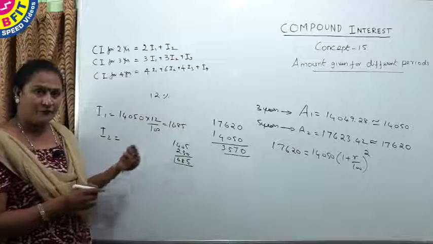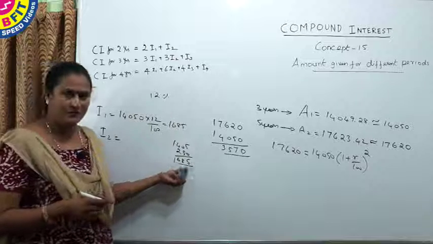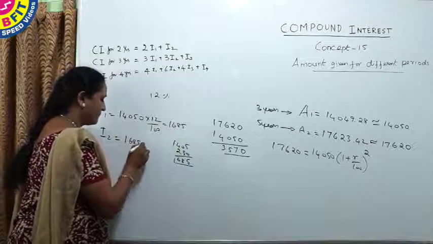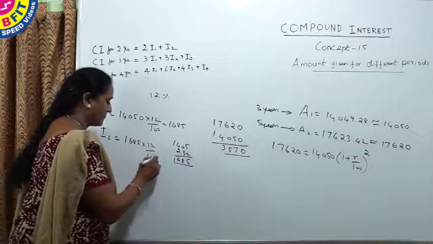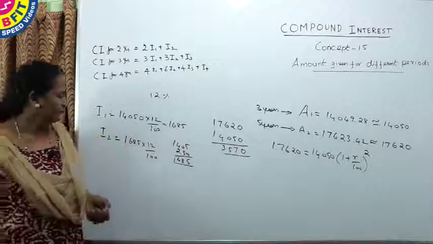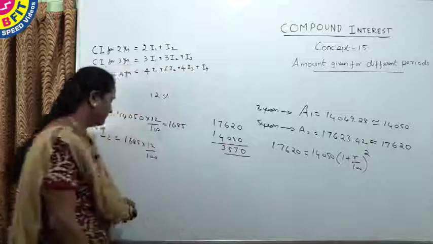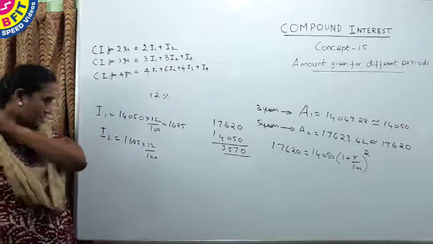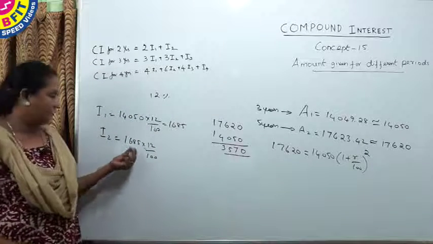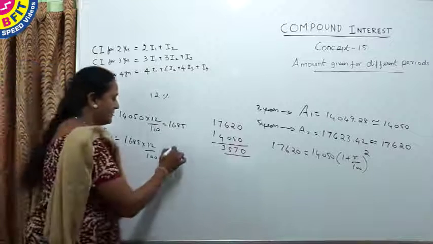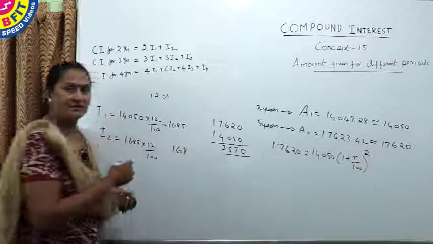So now finding I2, 12% of 1685. We'll see what 10% is. So 10% is 168.